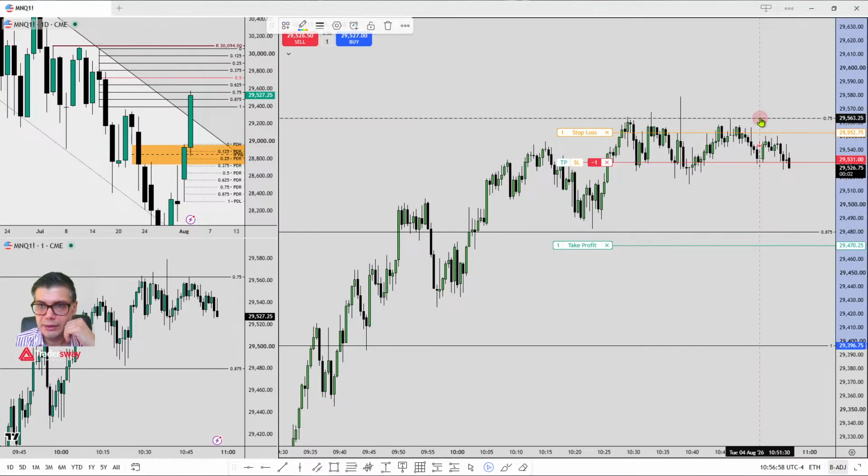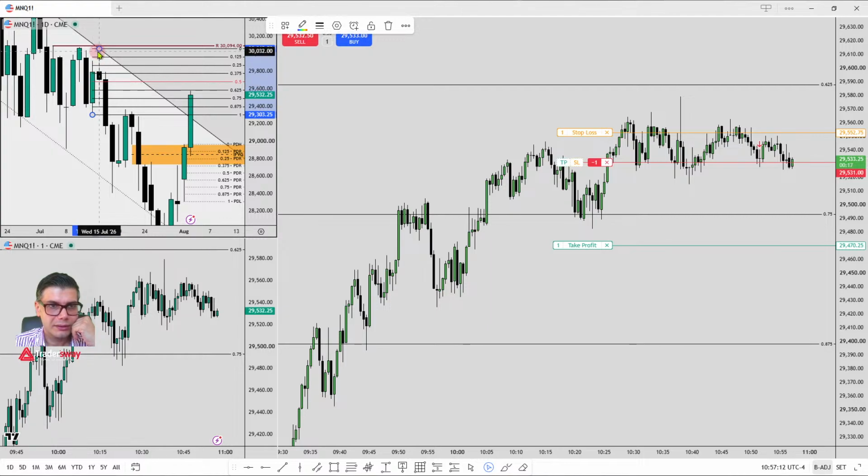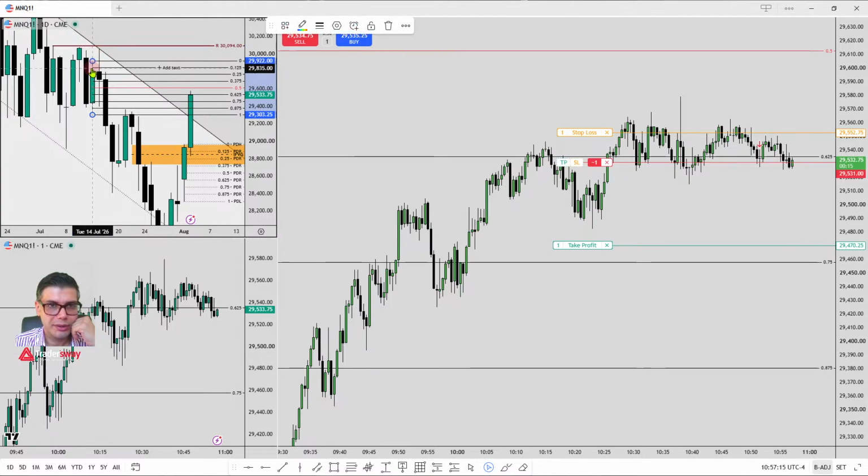So far it has been reacting to 0.75% of this daily candle. We have one bullish candle in here.